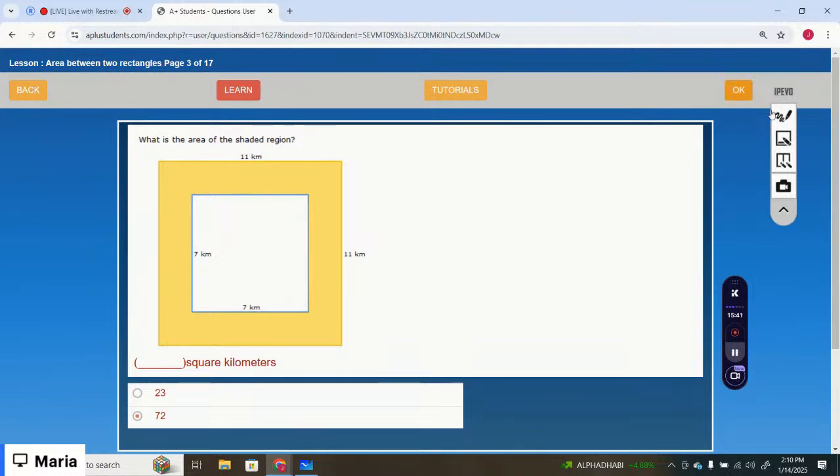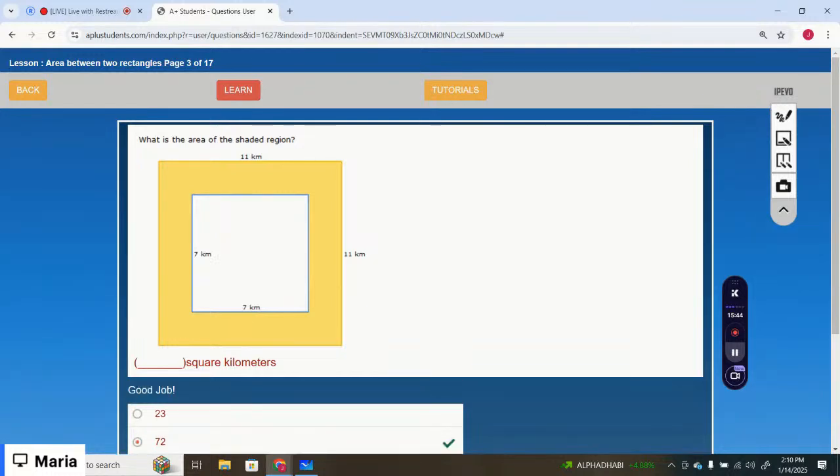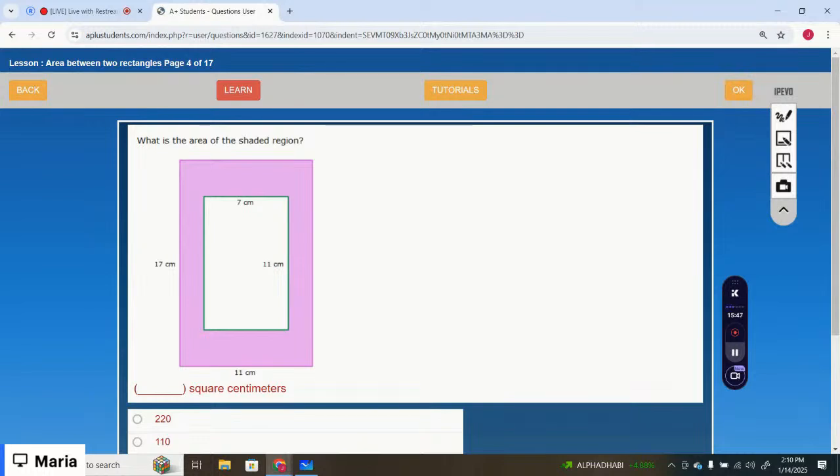Option number 2 is the correct option. That is 72 square kilometers. Very good. What is the area of the shaded region?